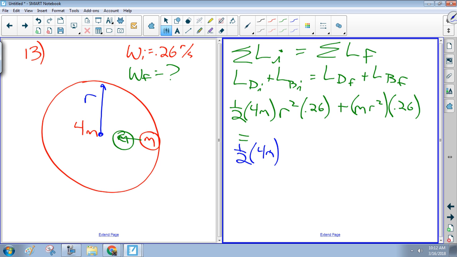It's still the same disk, but now it's got a new angular velocity, right? Plus, r over 2 squared, because our bug has moved halfway to the center of the circle, times omega f.